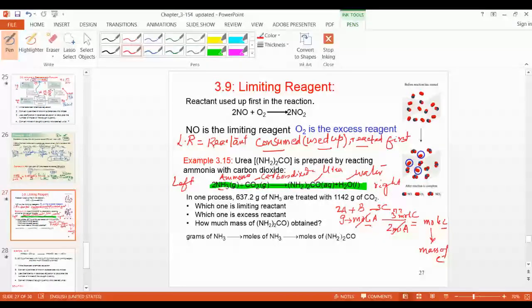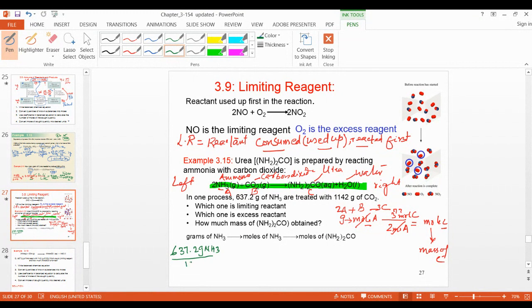Okay, now suppose, for example, this is A, this is B, and this is C, the product. So we consider now that I take 637.2 grams of ammonia, NH3. Change to mole: divide by the molar mass of NH3.